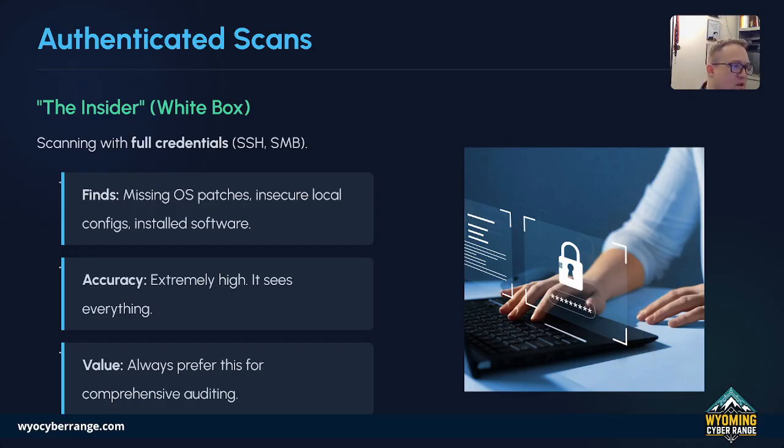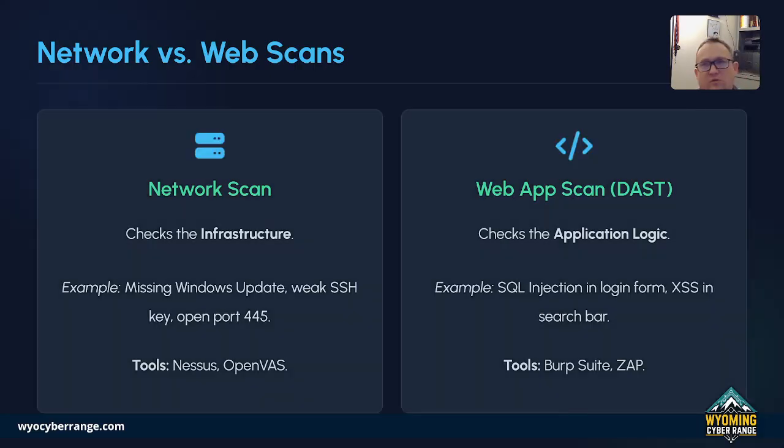Now, it's going to be critical that we pick the right tool for the right job. Typically, we divide scanners into 2 different buckets. The first one is infrastructure scans, otherwise known as network scans. They're going to look for things like Windows updates, open ports like 445, or weak SSH keys. The big players here are going to be Nessus and OpenVAS.